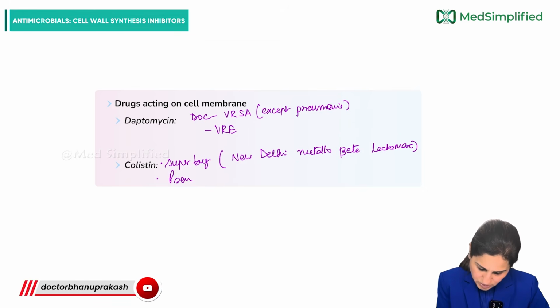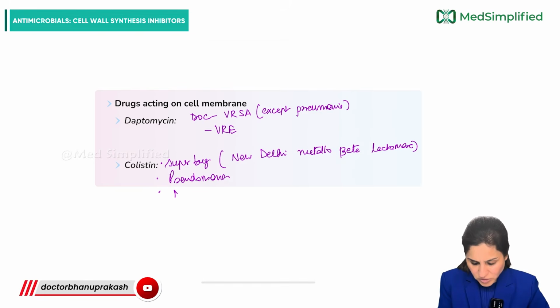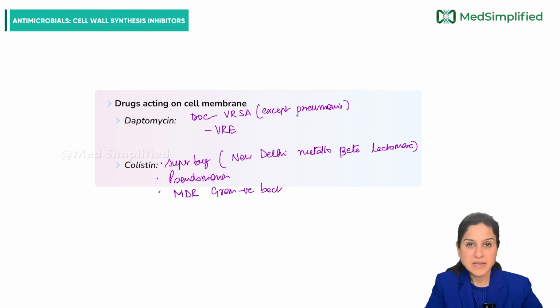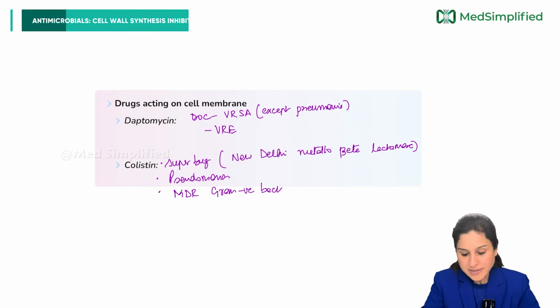It can also be used for pseudomonas. So basically, it's used for multi-drug resistant gram-negative bacteria. That's the use of colistin. So with this, we finish the drugs acting on cell wall synthesis and the cell membrane.